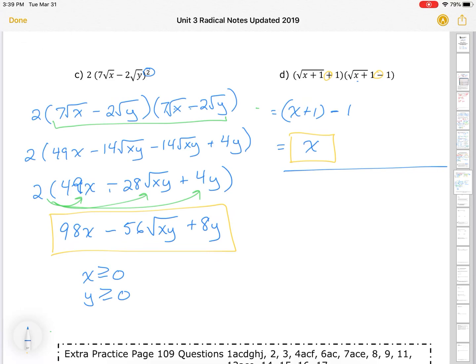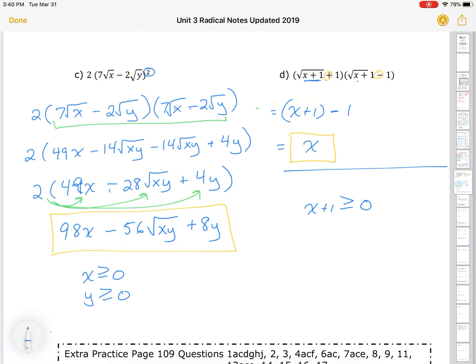And then a little trickier here in terms of the values for x, because I do have a variable under the radical, but there's this x plus 1. So that means that x plus 1 has to be greater than or equal to 0. So it's anything that is underneath that radical that I have to make sure is not a negative number.